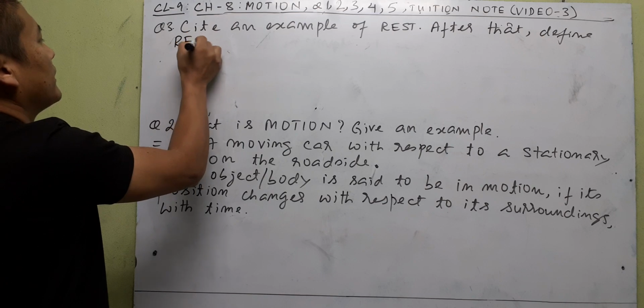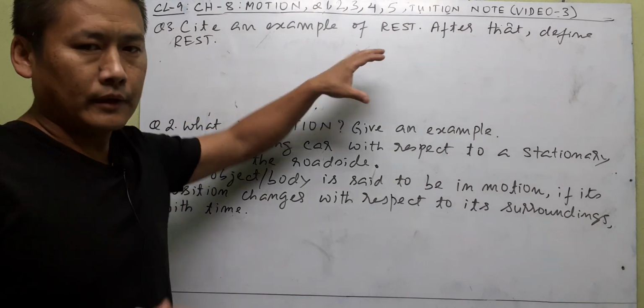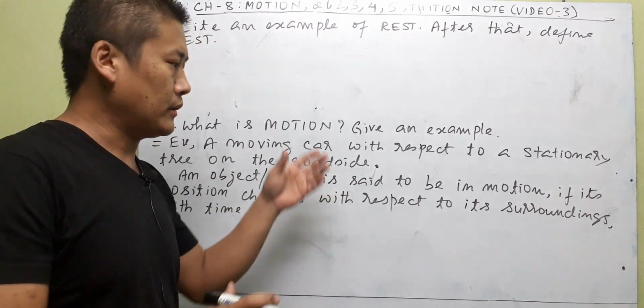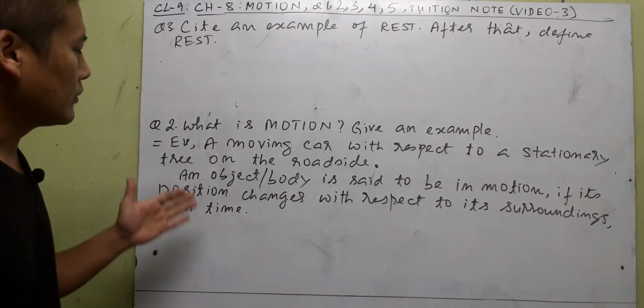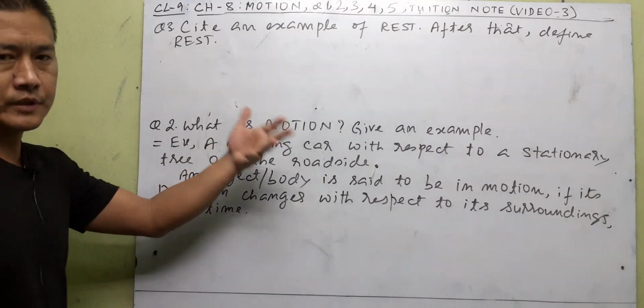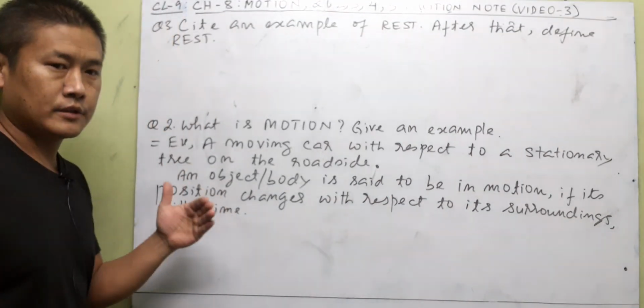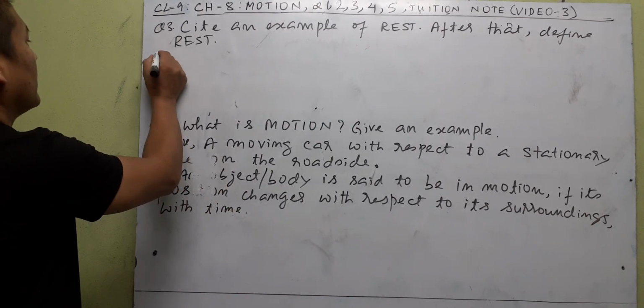So we're following the inductive approach again, because we find that it's always easier to take an example that is familiar to all of us and then move to the unfamiliar technical definition of rest or motion, etc. Right? So if you follow that same thing in your personal self-study, you will find it easier. Okay, just a suggestion that might really help you. Okay, so next, let us say example first.